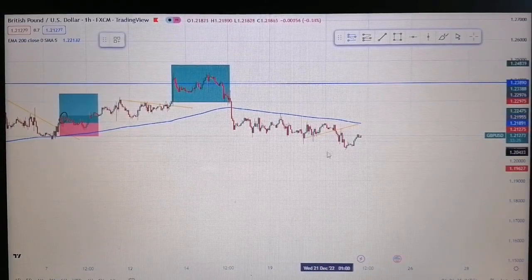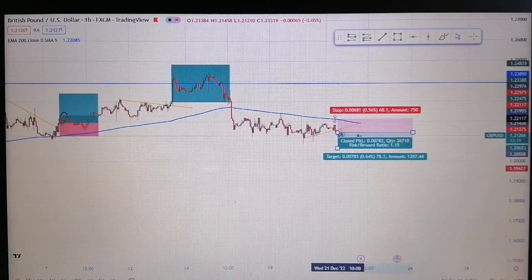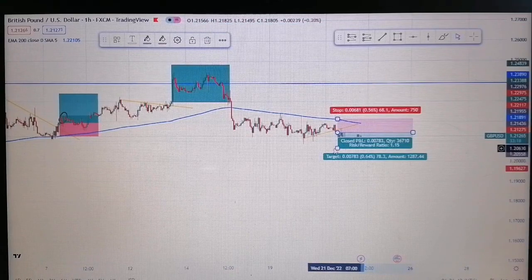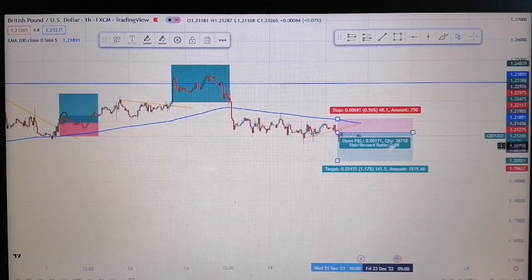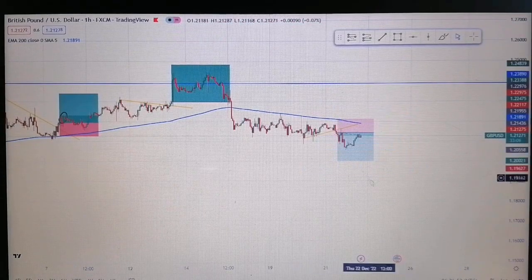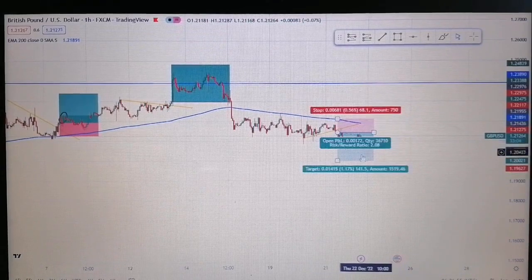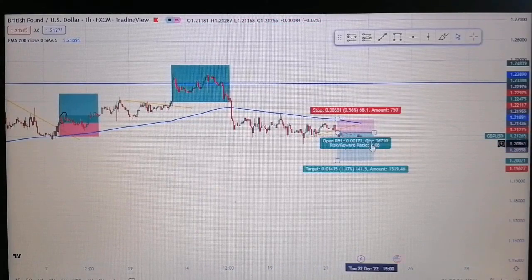So you sell where price closed in a full candle. You put your stop loss at the 200 period moving average, and you take profit of 1:2 risk reward ratio. And once price is 2 times in profit, you can close partial profits or move stop loss to entry.